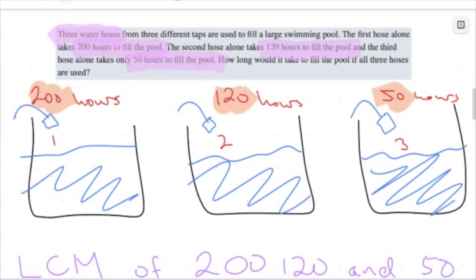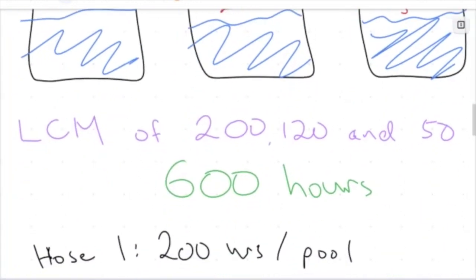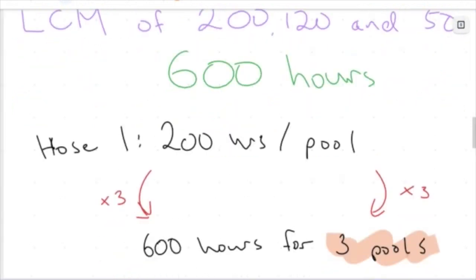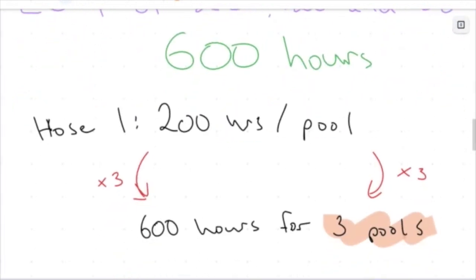And we did this by finding the lowest common multiple, the smallest number that each of these amounts of hours, these numbers, went into. So we wanted something that 200, 120, and 50 all went into. This is 600 hours.